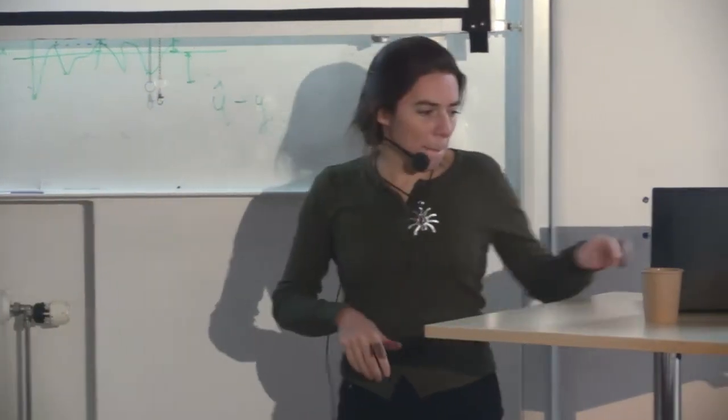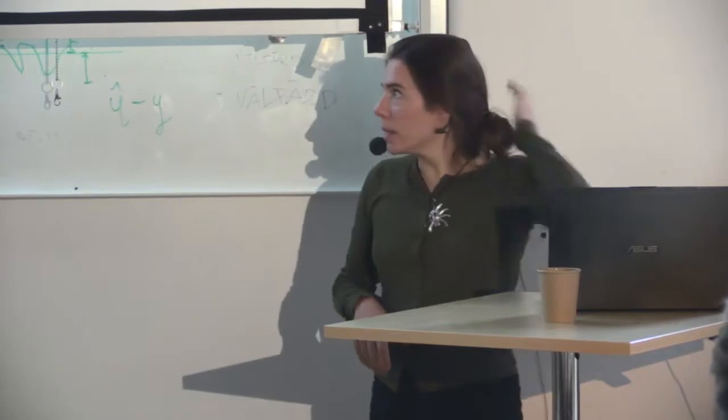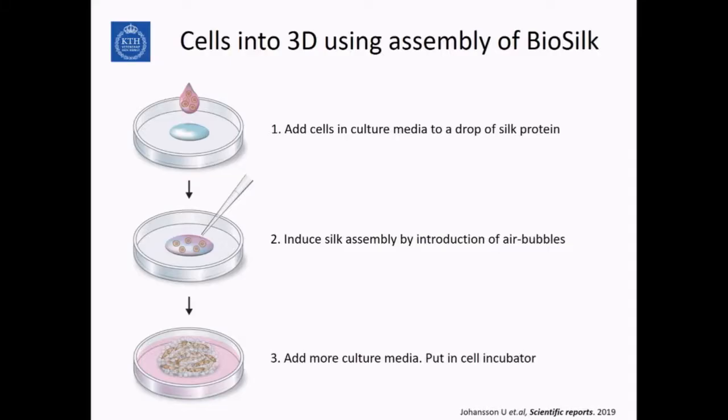Well, since the silk protein is transforming to the silk under these mild conditions at the air-water interface, we thought that we could maybe do this together with cells. So we have developed a protocol where we have a silk protein with the bioactive module.